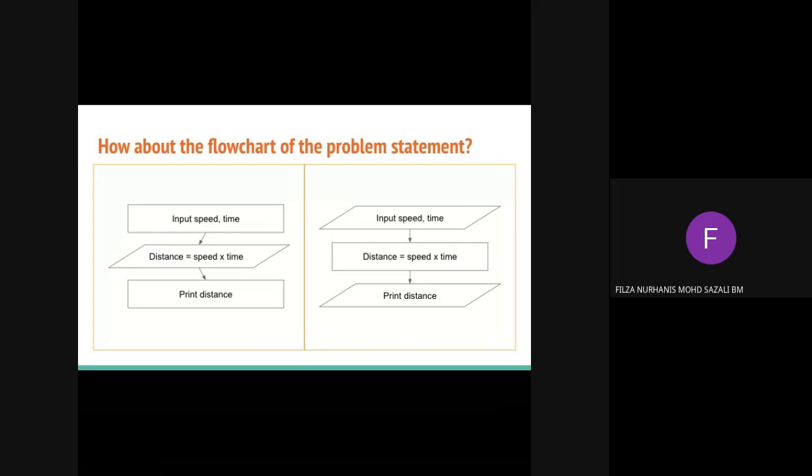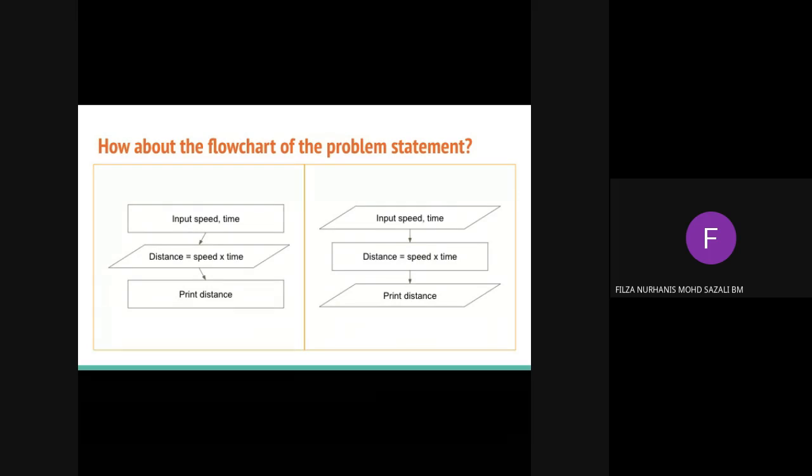Okay. Sebenarnya dua-dua salah. Sebab apa? Sebab tak ada start dengan end. Betul tak? Dalam flowchart kita kena bubuh start dengan end. Okay, ada yang sebut pasal arrow. Arrow tu tak kisahlah senget ke lurus ke tak kisah, as long as the arrow tu tunjuk from where to where.